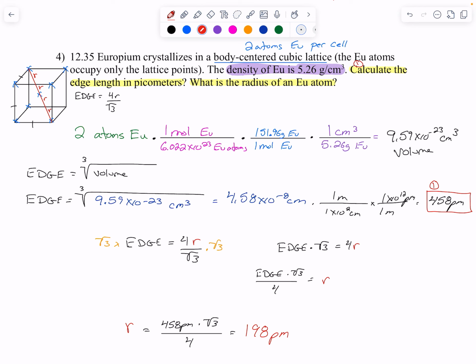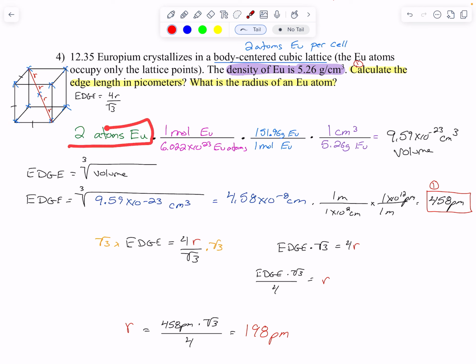All right, so the key to this problem, I think one of the keys, is knowing body-centered cubic has 2 atoms, right? Because you got one inside the cell in the body, so that's 1 atom. And then you have each corner, and I missed that corner, sorry, my little drawing. You got 1 in each corner, so because you have 8 corners, 8 times 1/8 is 1, so you have 2 atoms per cell.